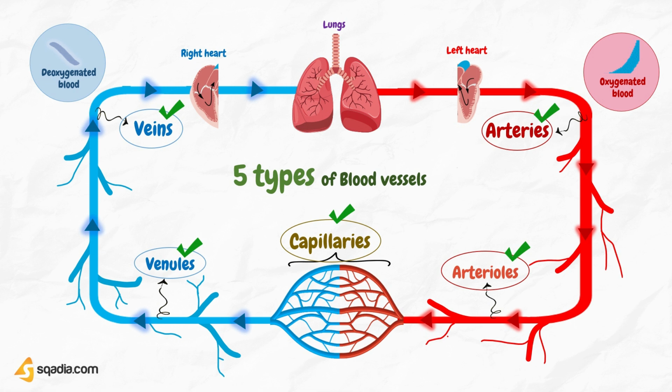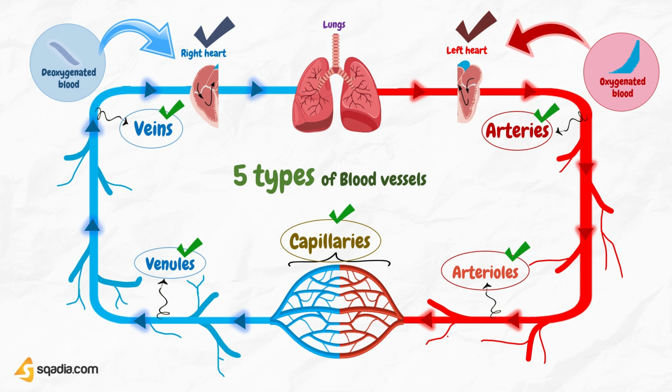Here, the next important point to remember is that the right side of the heart deals with deoxygenated blood, blue color to memorize it, and left side deals with the oxygenated blood, marking it red for memorization.